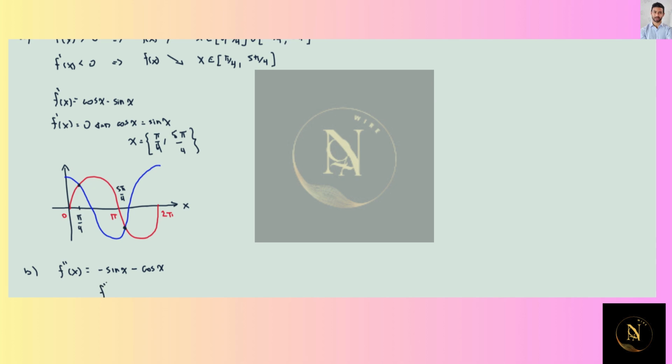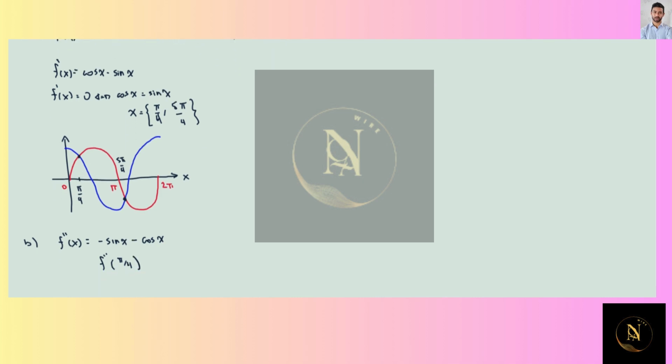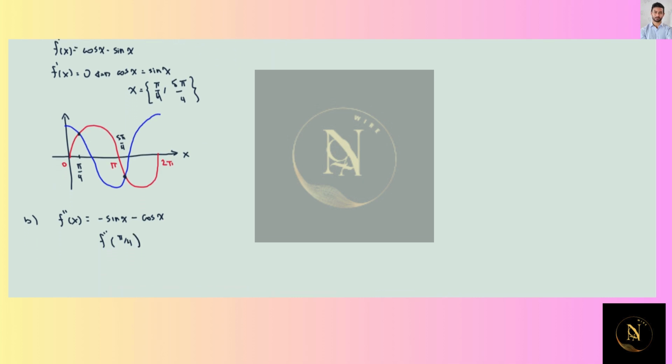Now let's evaluate f double prime of pi over 4. This is going to be, well, we don't need the actual value. I want to know it's going to be a negative quantity, because sine of pi over 4 is 1 over square root of 2, and the same with cos of x. So negative negative is negative, which means that this point corresponds to a local max.